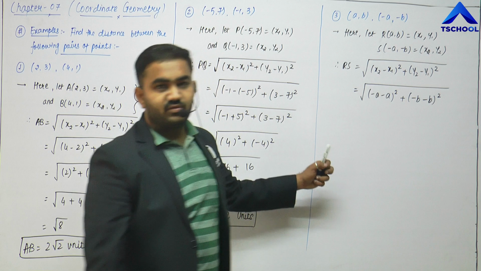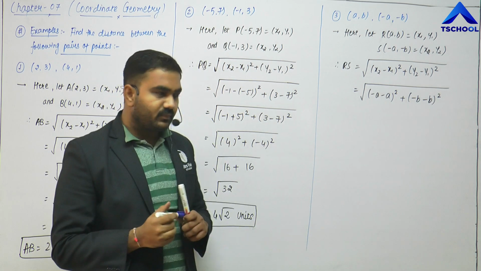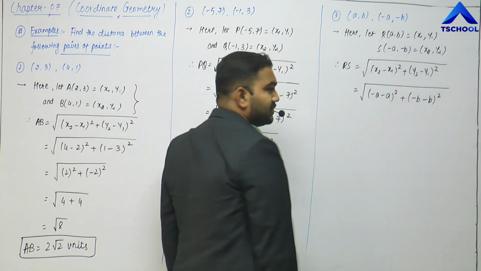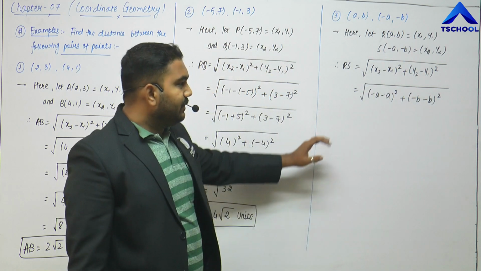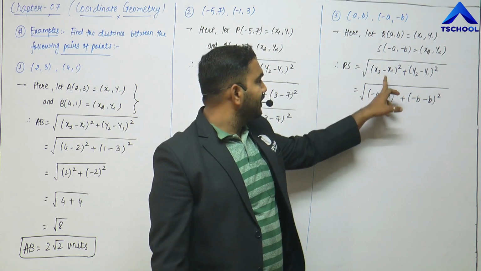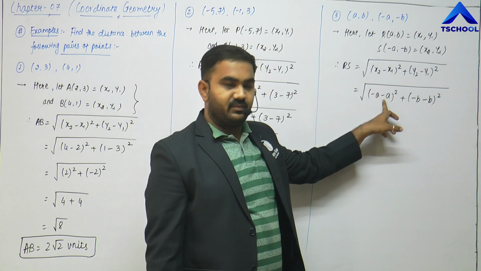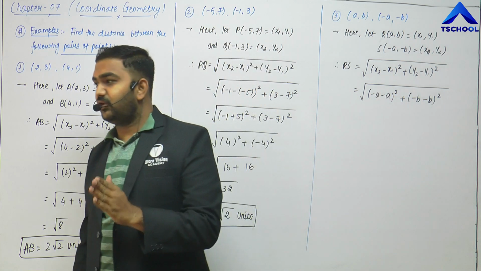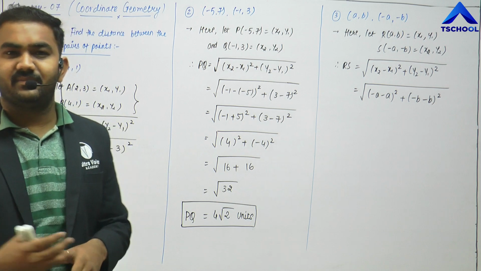Yes or no? Friends, you can see here that x1 is a but x2 is minus a. So whenever we put the value in place of x2, we shall put minus a, then again a minus of the formula, and in place of x1 I shall simply put a. So we will get two minus a's, that means minus 2a.